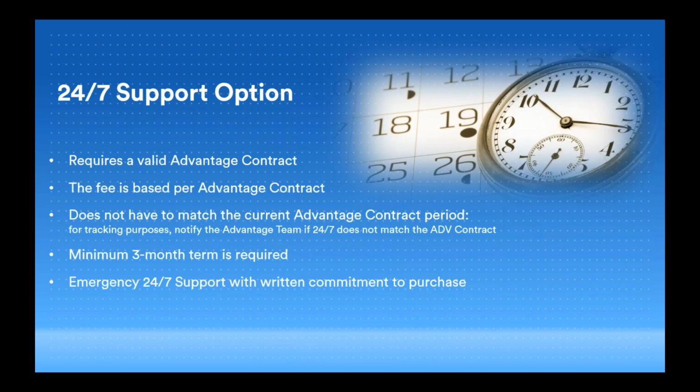So for example, if you have an install happening over the weekend, and you see that weekend's coming up and you're thinking, I could really use some extra support just in case something happens, I could really use that option to call in for support, you can definitely get in touch with us. We'll have that 24/7 support enabled for you, but we do need a written commitment to purchase that minimum 3-month term.